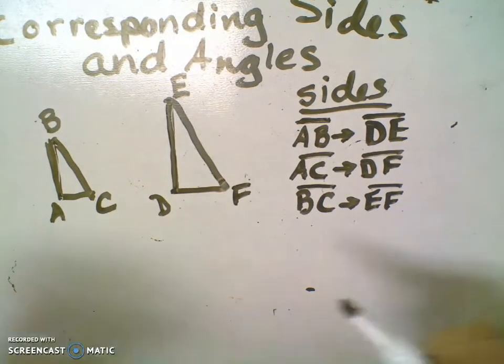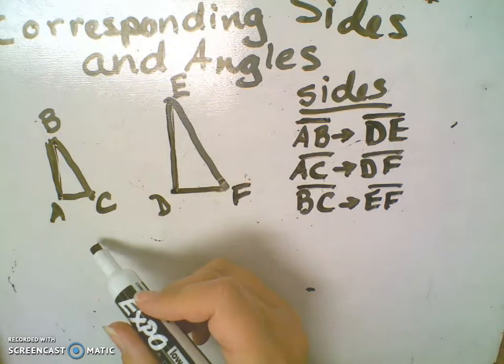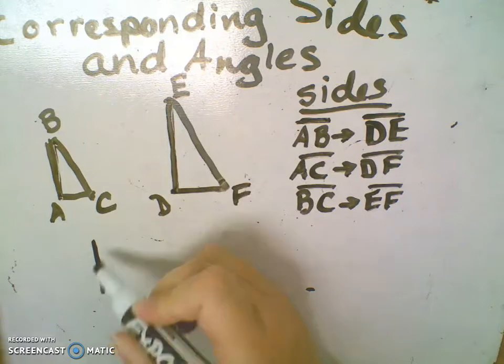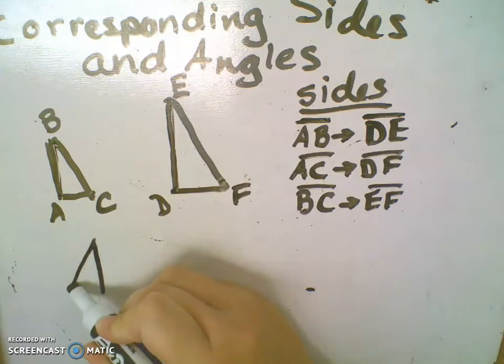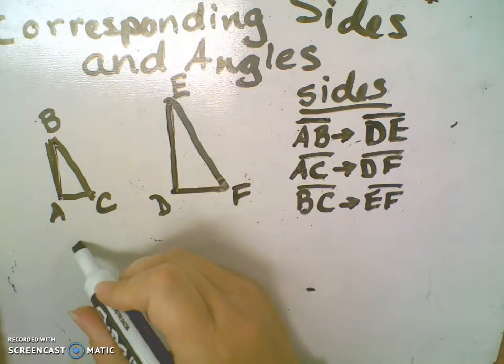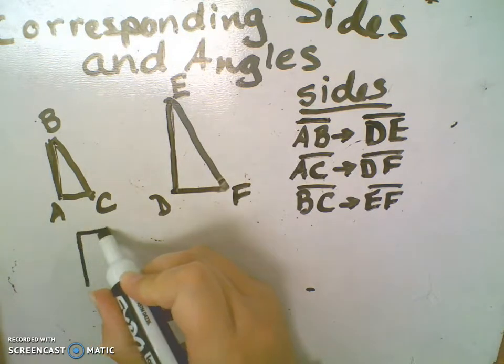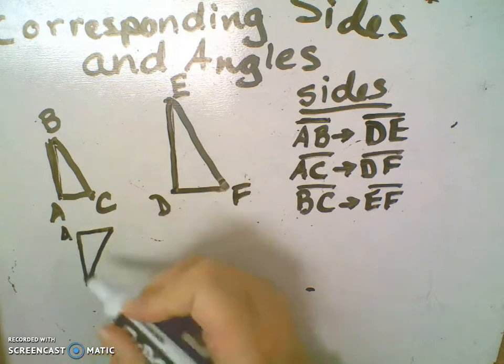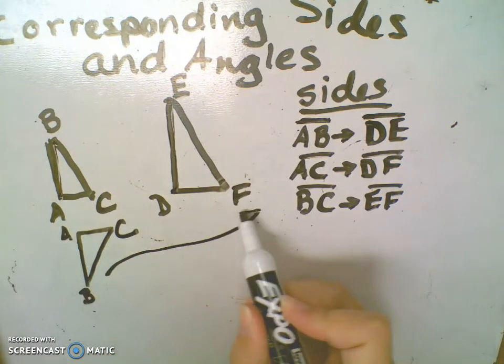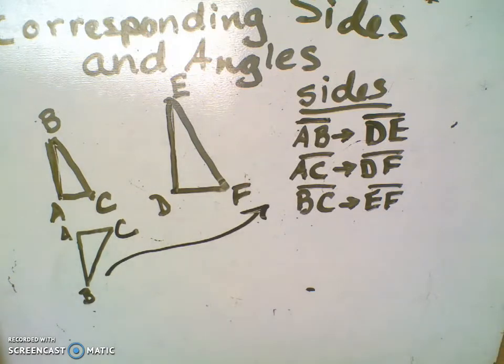Okay, one more thing that I wanted to tell you about the corresponding sides or angles too, really. Let's say that this was upside down or turned around or pretty much anything else. Let's say that it looked like this. So this was still A, this was still B, and this was still C. All of that information would still be accurate.